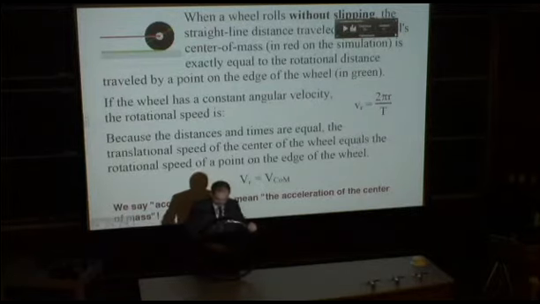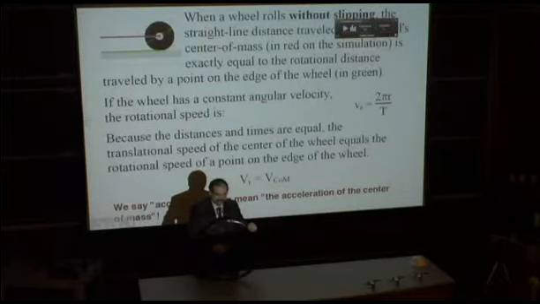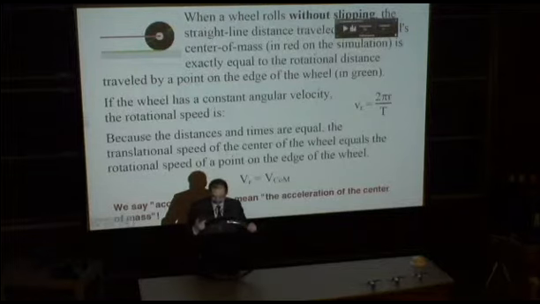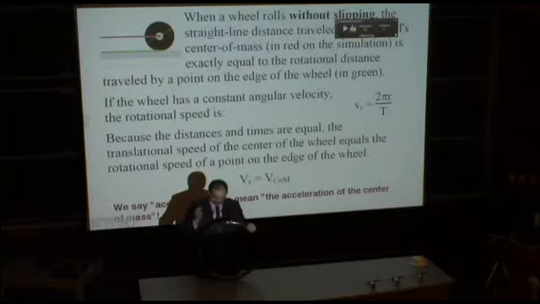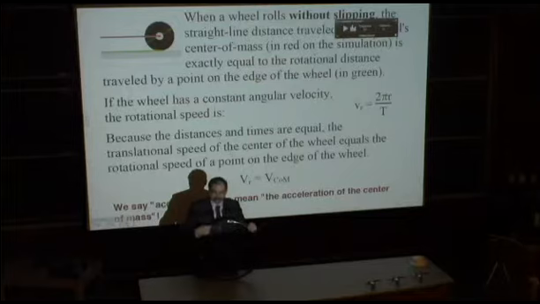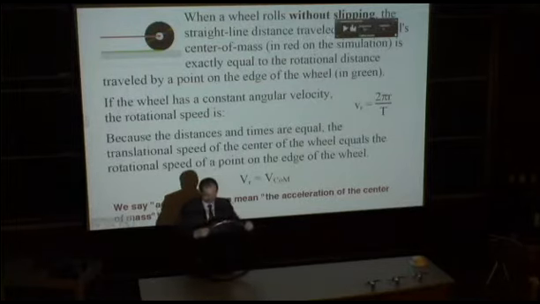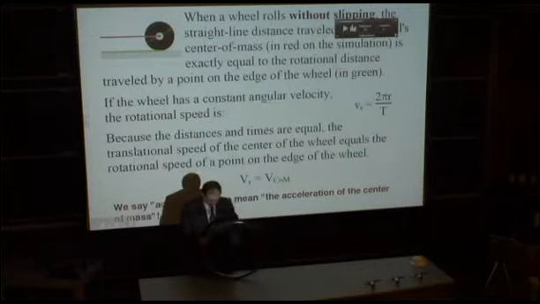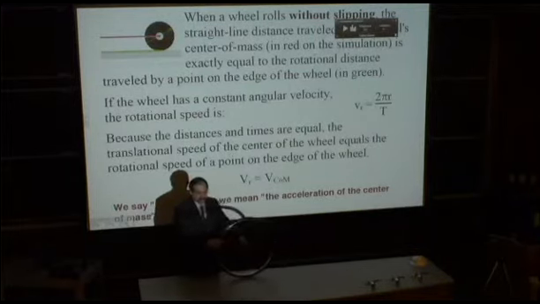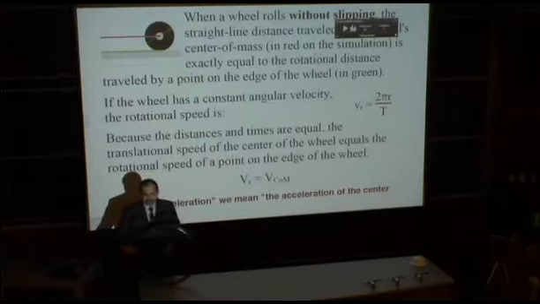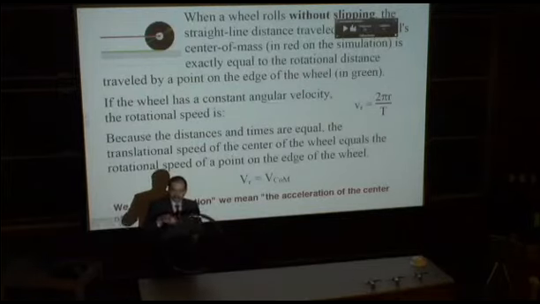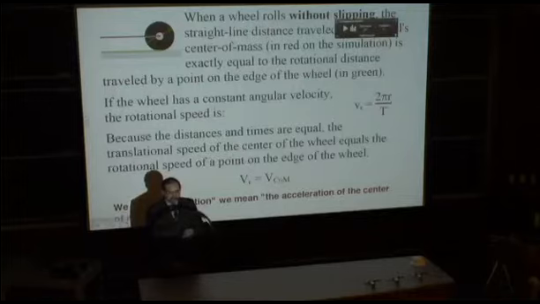So the values of the linear variables related to the center of mass of this wheel are exactly the same as the values of the linear variables of this point. So if this wheel travels 1 meter per second, that means this mark also travels 1 meter every second.